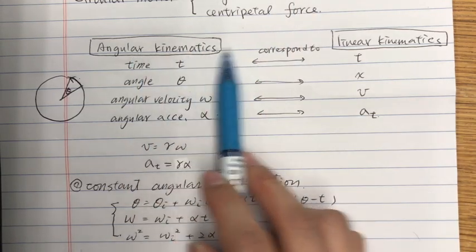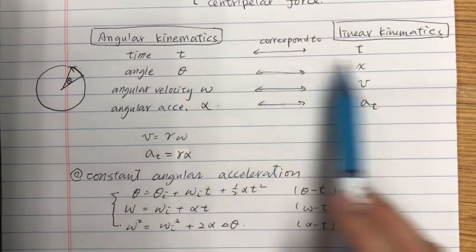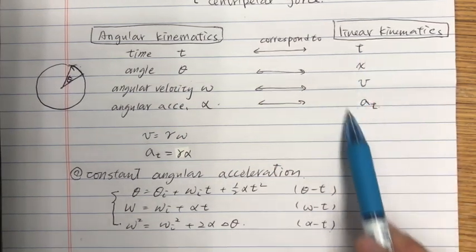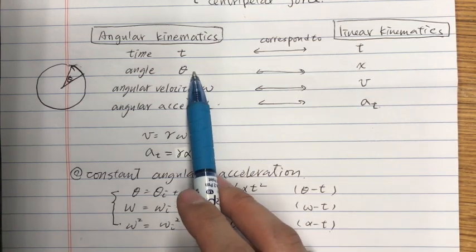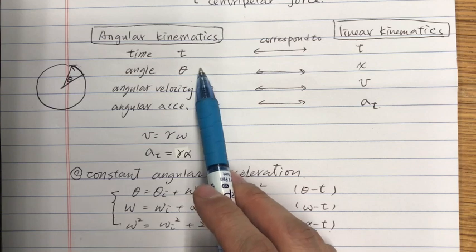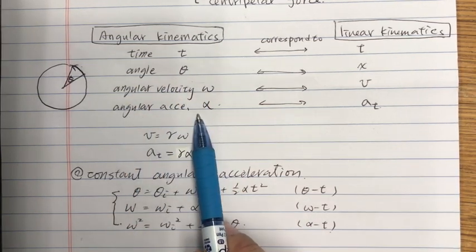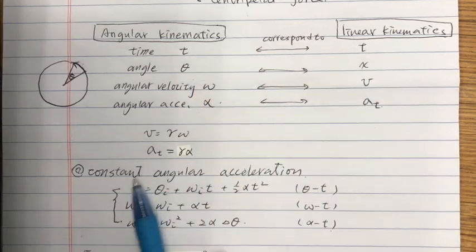Angular kinematics is very similar to linear kinematics, except all the x, v, and acceleration variables are replaced with the angle-related physics quantities, such as angle, angular velocity, and angular acceleration. They do have a very close relationship.